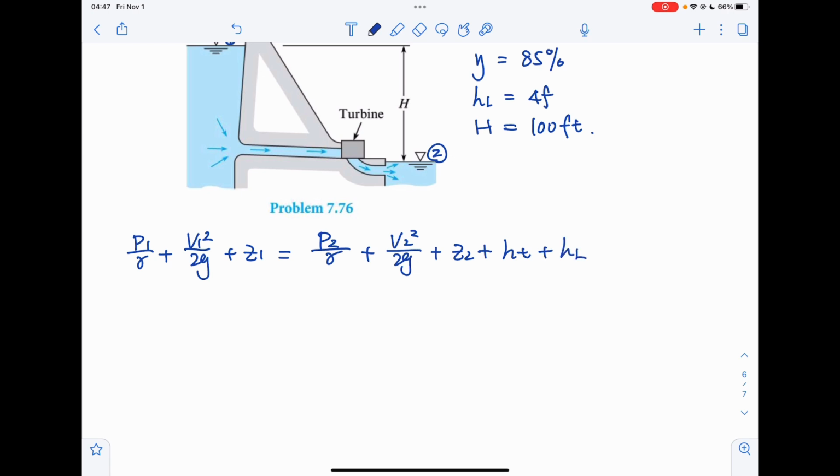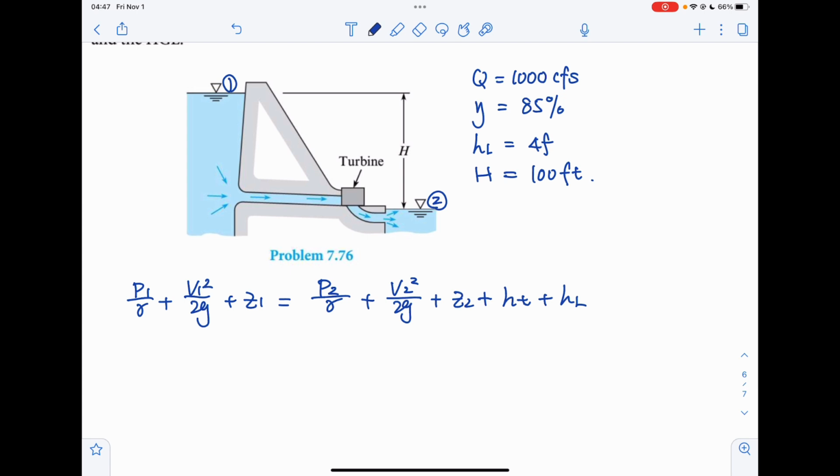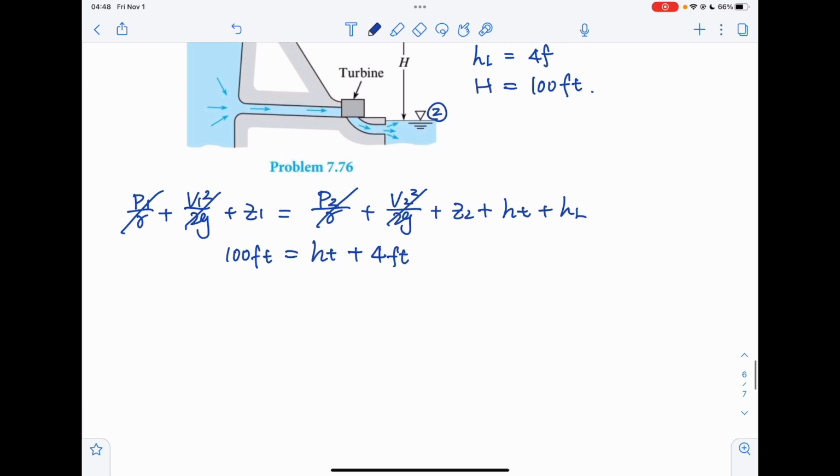Okay, because the 2 points are at the water surface, P1, V1, P2, V2 are zeros. The difference between z1 and z2 is 100 feet, so 100 feet equals the head losses, which is 4 feet, plus the turbine head. So our turbine head is actually 96 feet.